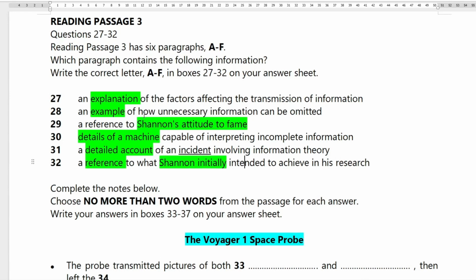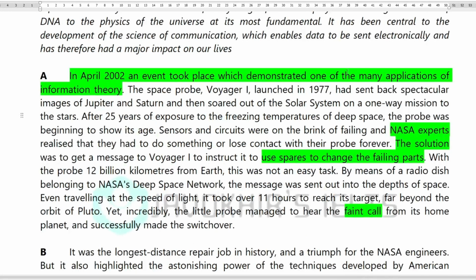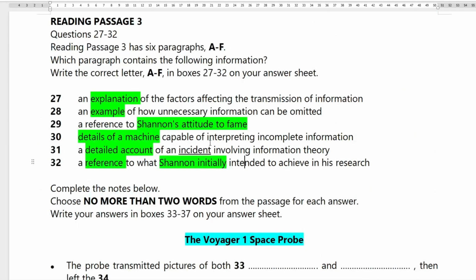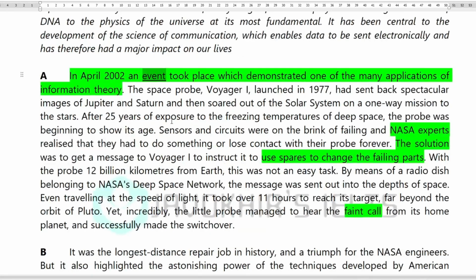They're looking for specific information rather than the main idea. So therefore, a detailed account: incident involving means involving one of the applications of information theory, and incident is a synonym for an event. So I want to take that as well and underline that. And so yeah, number 31 we have as A. I'm just going to choose this.